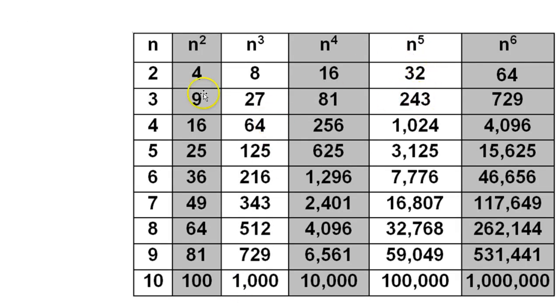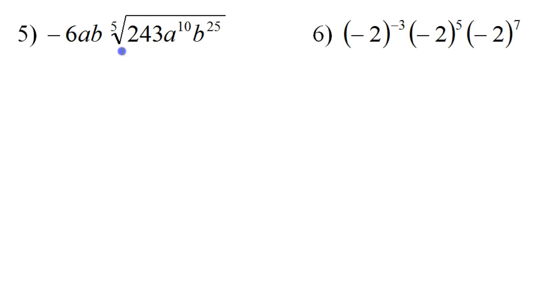Yeah, the fifth root of 243 is 3. So this is going to become 3, and then this will be a to the second power. I'm dividing. And then this is going to become b to the fifth power. Alright, so these three things reduce down to this.